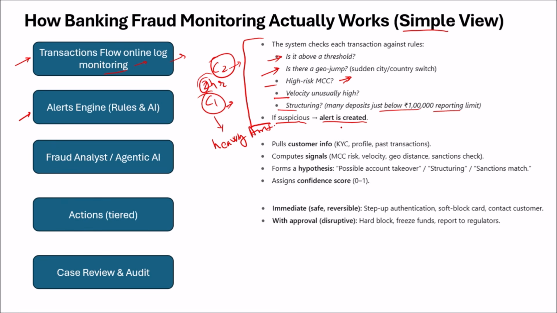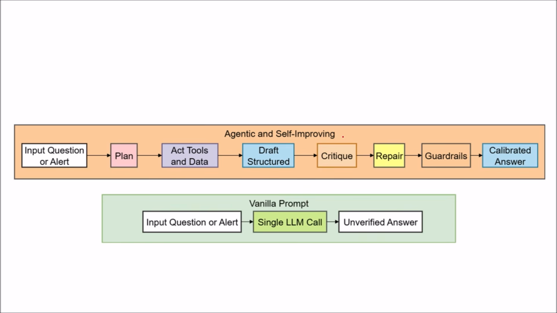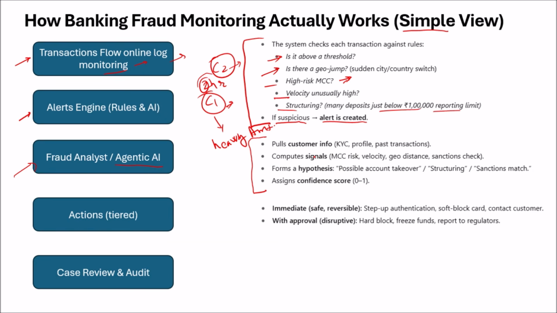Once the alert is created, it will go to the fraud analyst, and in our case, it will go to our agentic AI, which I discussed earlier in the agentic part.